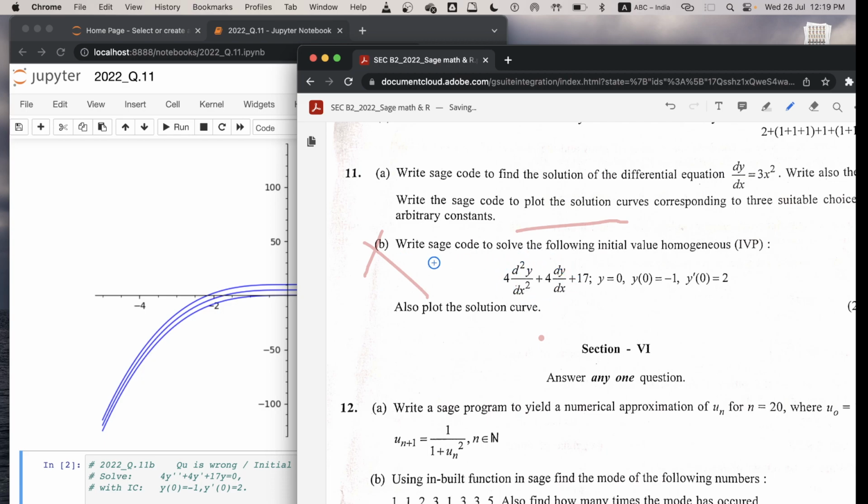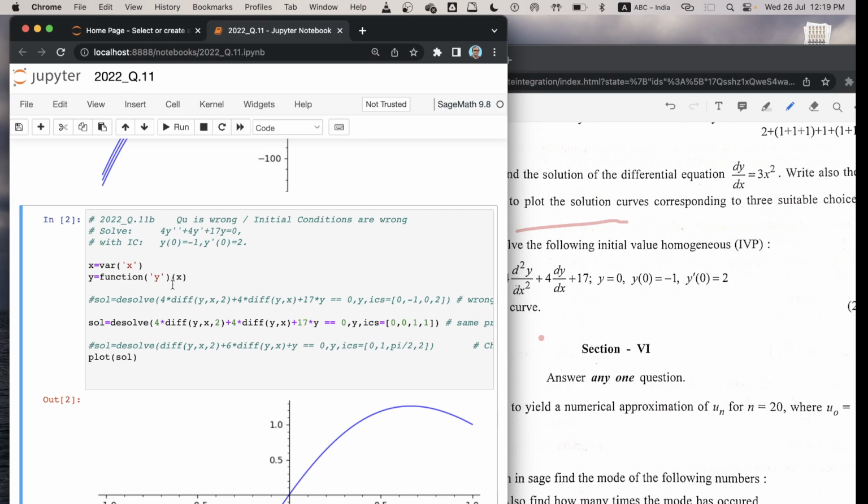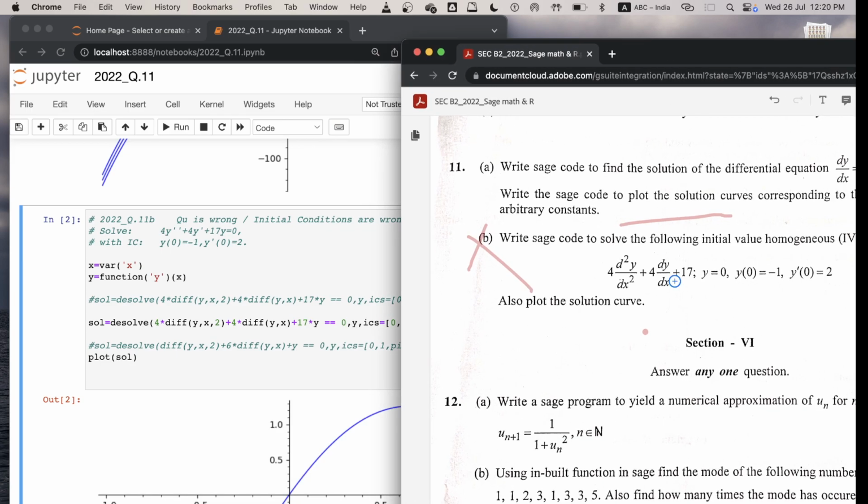Actually this question is wrong, because the boundary condition given is wrong here. x is a variable, y is a function y(x), and we use desolve with the second derivative of y: 4 times diff(y, x, 2) plus 4 times diff(y, x) plus 17y. So this is also a wrong question, this is 17y.